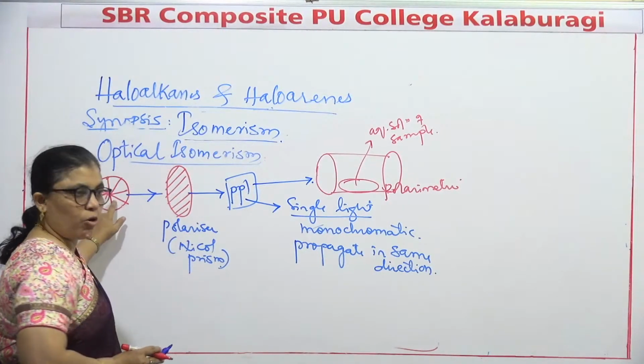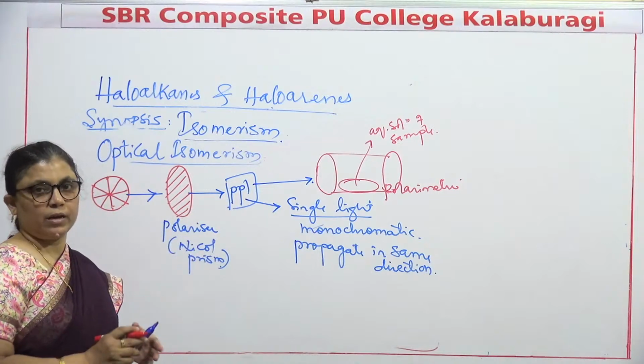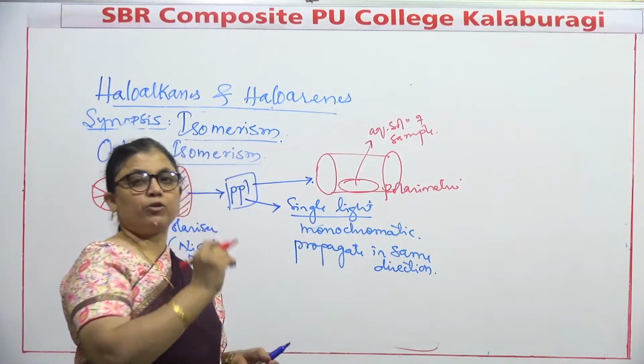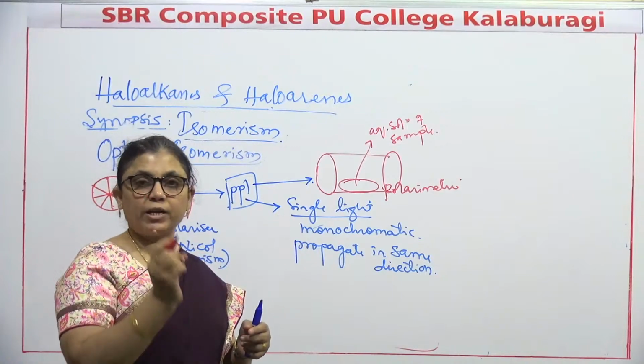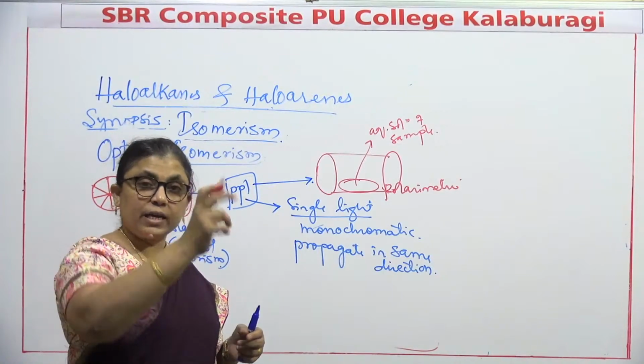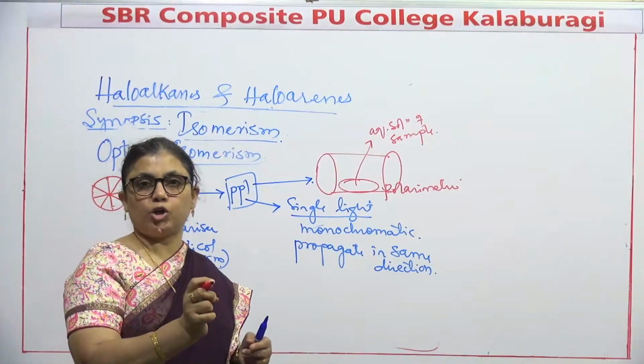Whenever ordinary light passes through the polarizer, it is converted to plane polarized light, and plane polarized light is made to pass through a polarimeter. The polarimeter is the instrument to calculate the degree of rotation observed for the respective molecule.